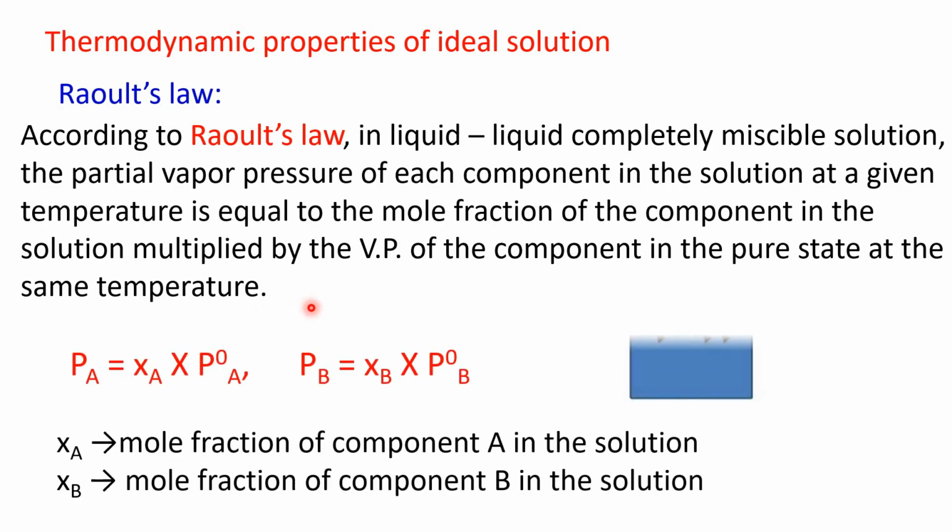What does it mean? See, this is a solution. It's a binary solution of two components A and B. Both are volatile. So, some of the A molecules will vaporize and will be present above the solution. Similarly, B molecules also vaporize. Vapors of A and B will be present on the top of this liquid solution, and then this vapor will exert a pressure on the surface of the liquid, which we call the vapor pressure.